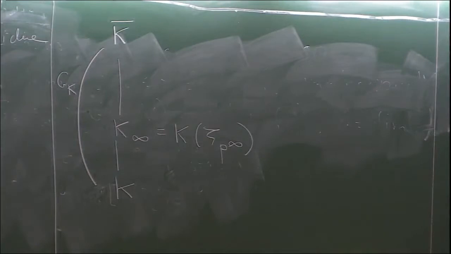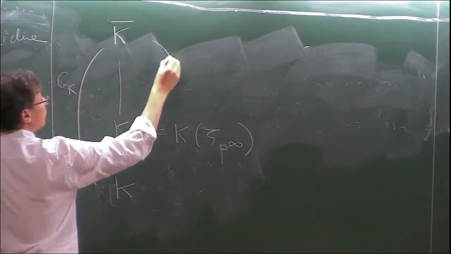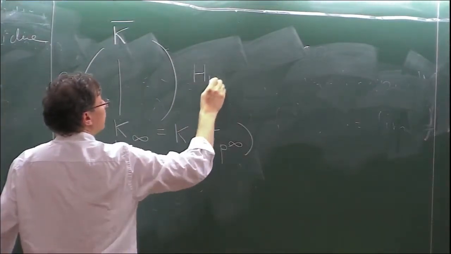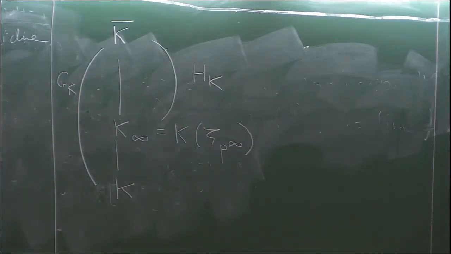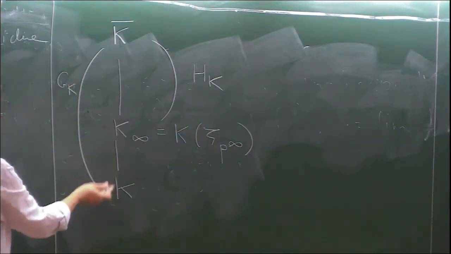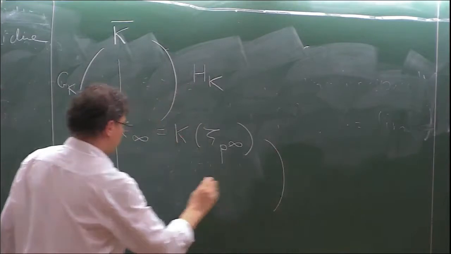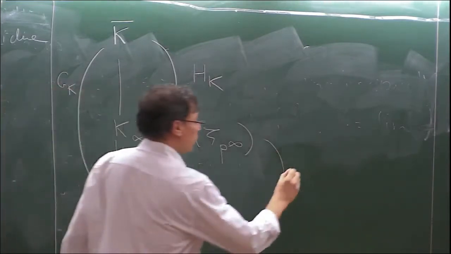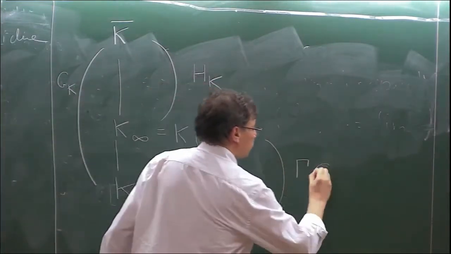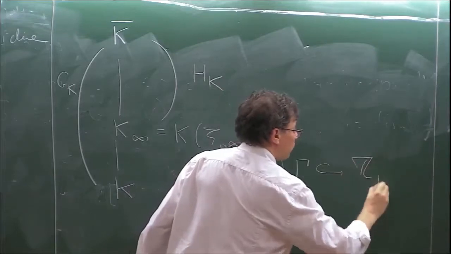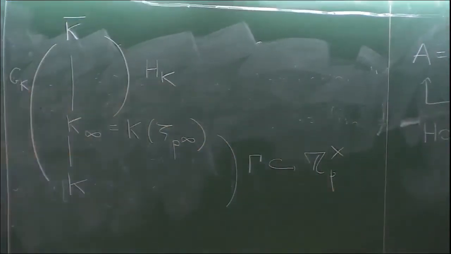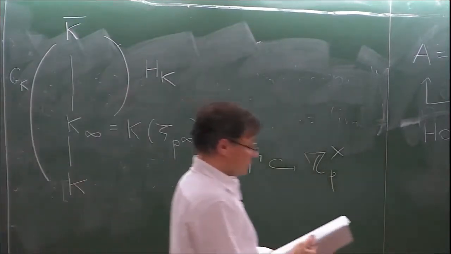So we have a whole Galois group, and this group HK here, and a simple extension. Let's denote by gamma its Galois group, which in any case is a subgroup of Z_p star.